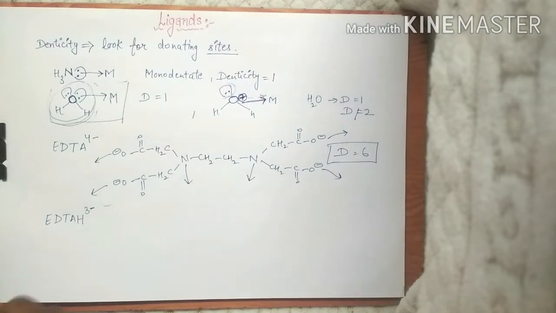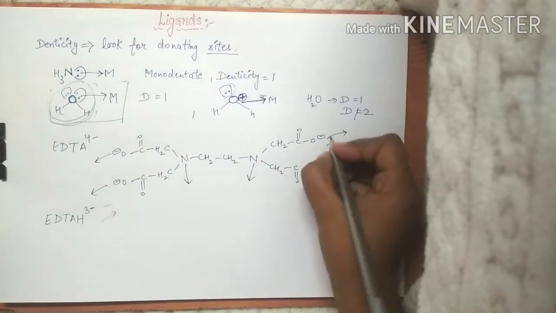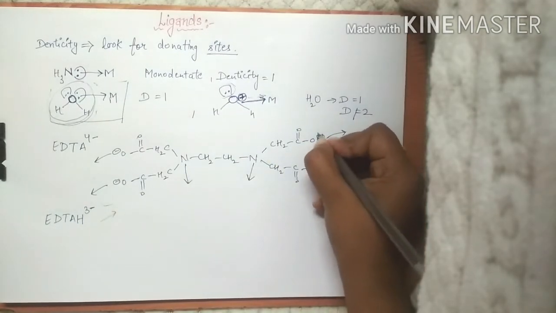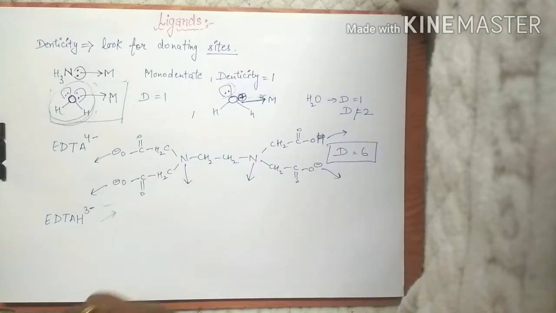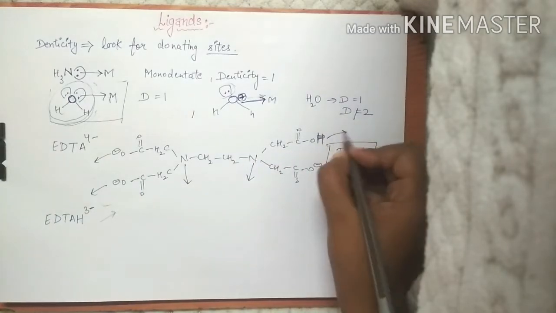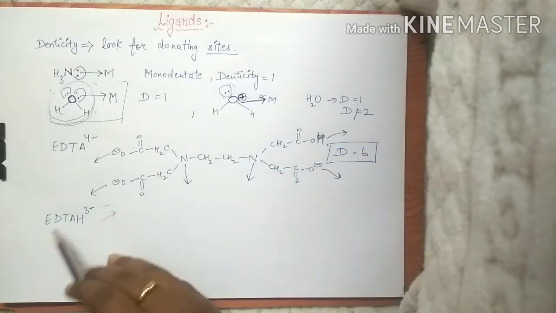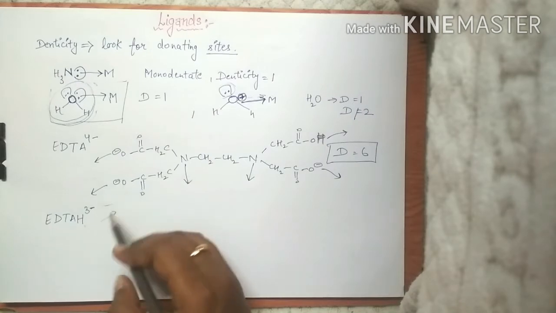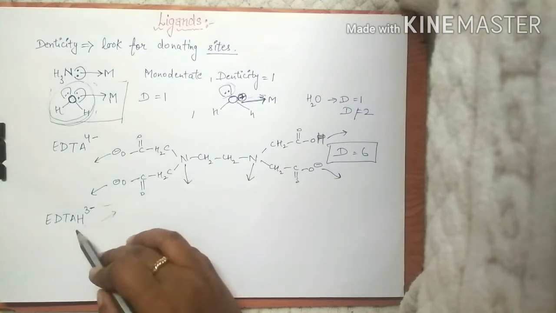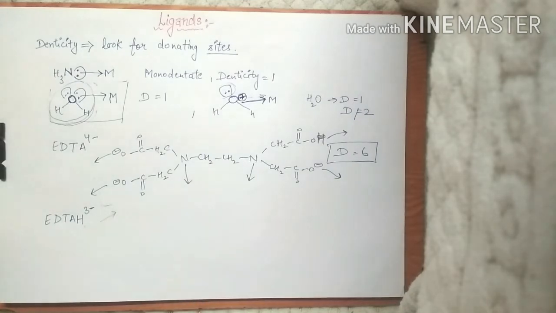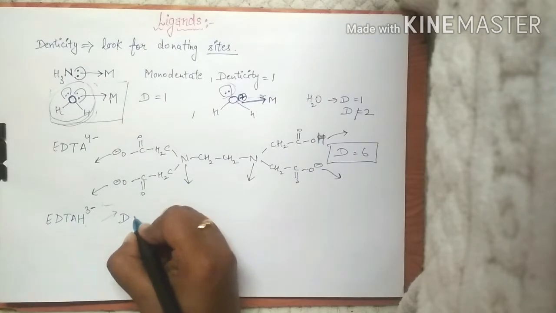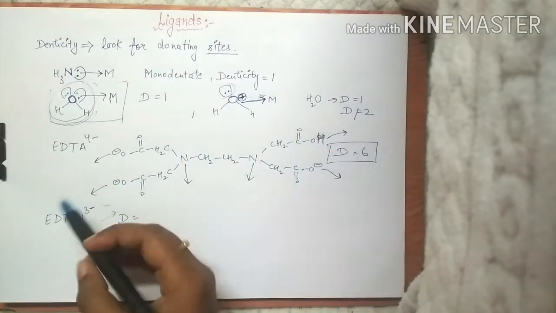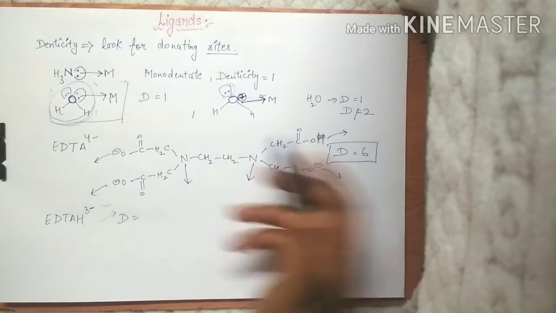The negative charge will go and H will attach here. This will be the structure of EDTAH 3 negative. So what will be the denticity of EDTAH 3 negative? For this, you have to count the remaining donor sites. That will be 1, 2, 3, 4 and 5.